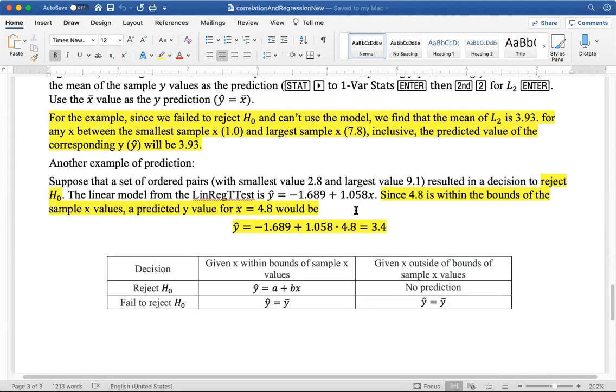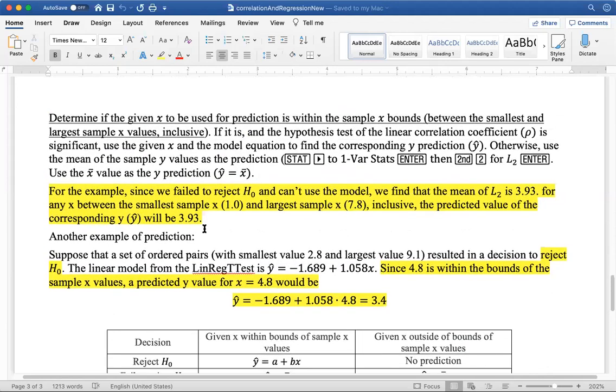So how are we going to get the average of the sample Y's? Well, we've got a little blurb here. We would do 1-Var Stats on L2 because that's where the sample Y's are.